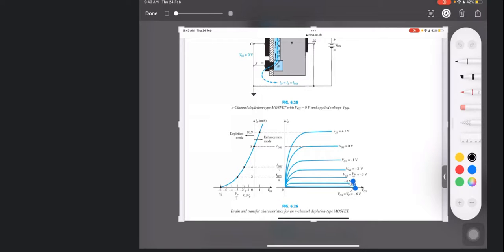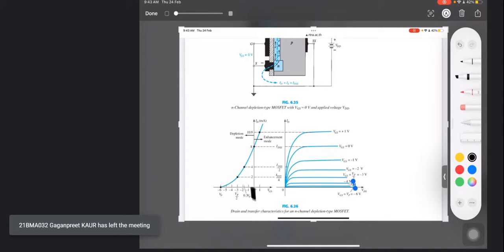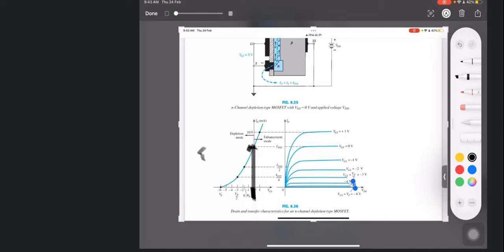So here if VGS is 0, even though there is some current, that is the difference. So ID is there even if VGS is 0 volt. We have this ID, right? तो ये फर्क है दोनों के उसमें, बाकी फंक्शनिंग सेम है.